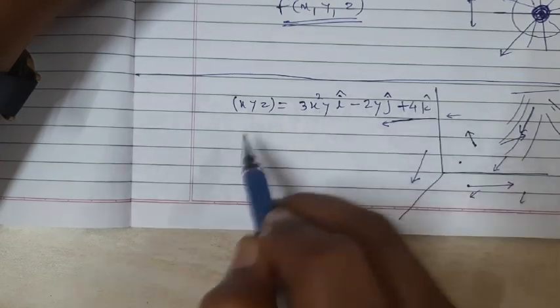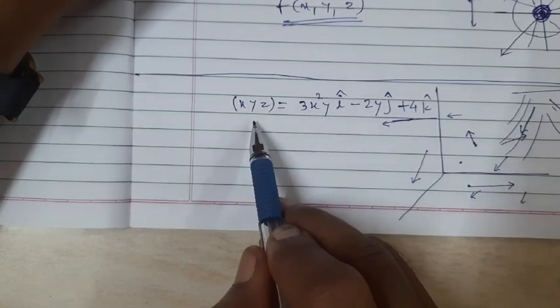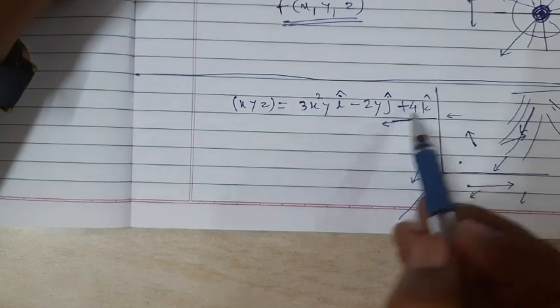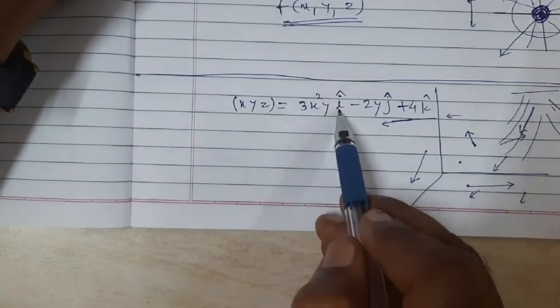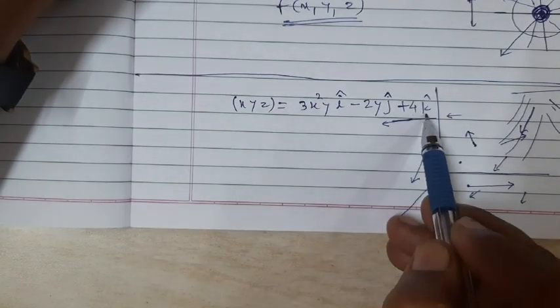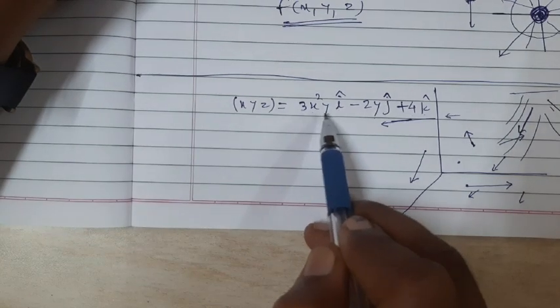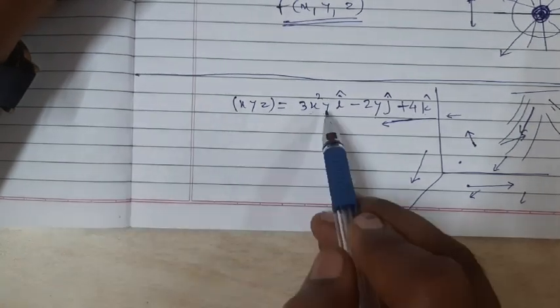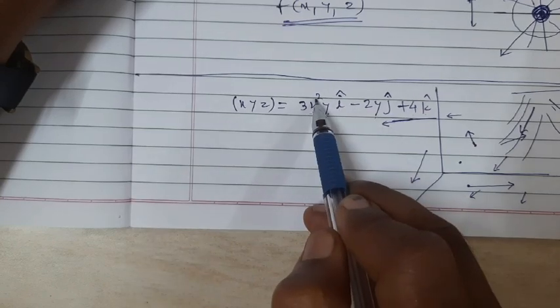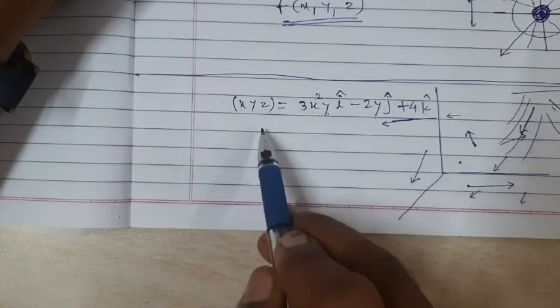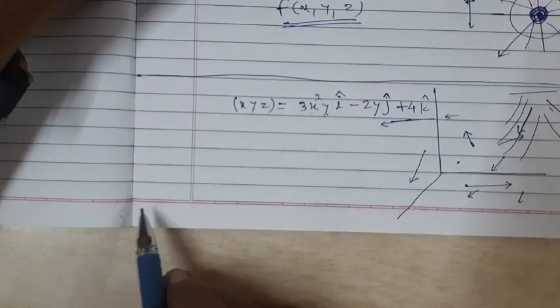There are so many functions, you may write a large number of functions. Any coefficient of i cap may be constant like this, it may depend on only one variable, it may depend on two or more variables, maybe linear, maybe quadratic, raised to 3, raised to 4, etc. So many functions can be written.